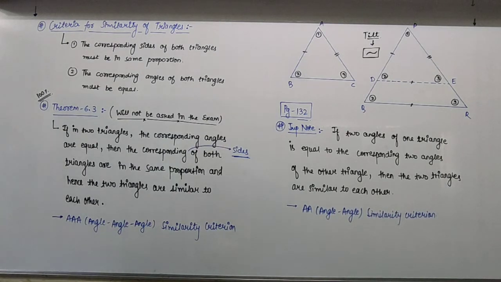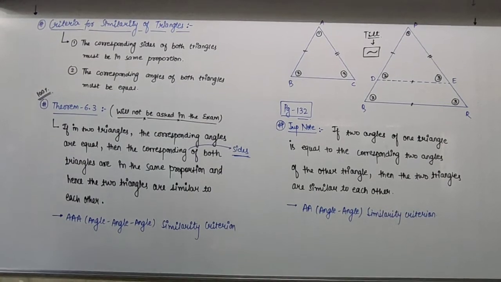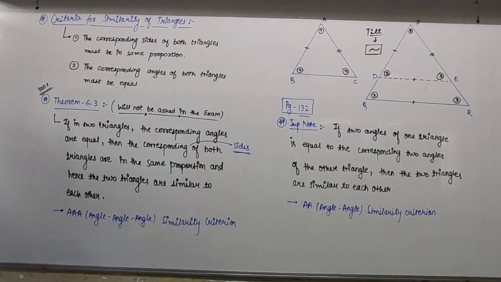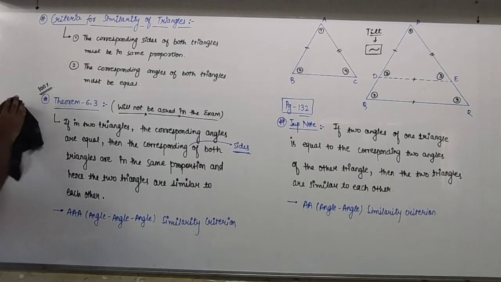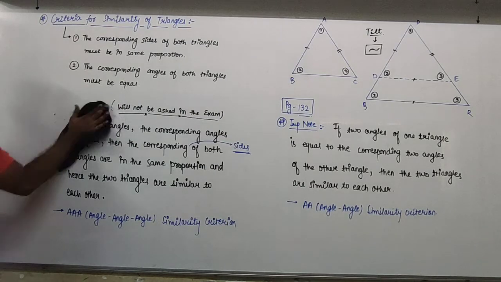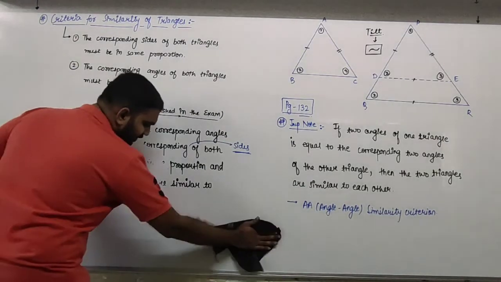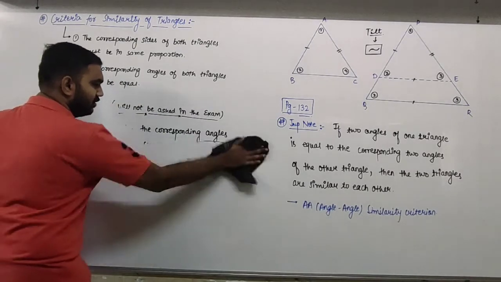Okay. Is it clear? Let us keep theorem number 6.3. Proof again that is not necessary, so we will not go for the proof. Now let us erase this and we will study another similarity criterion.